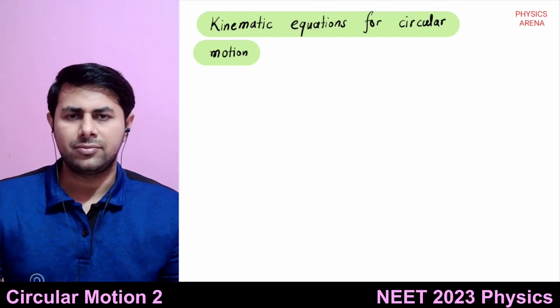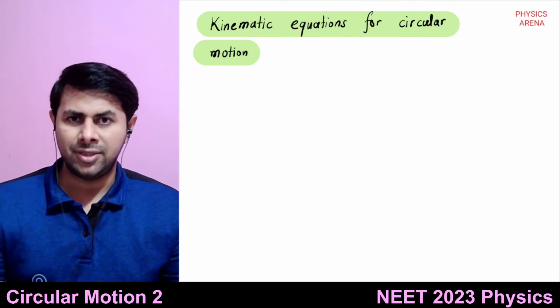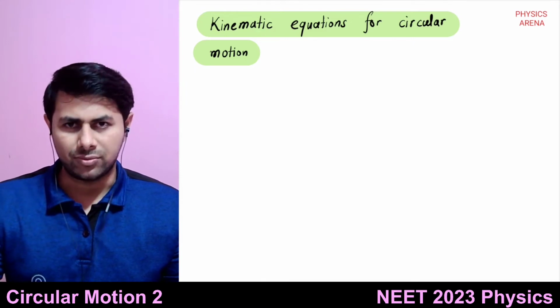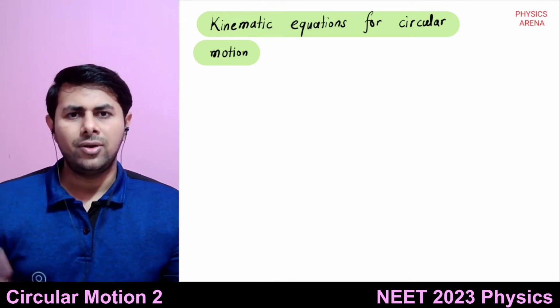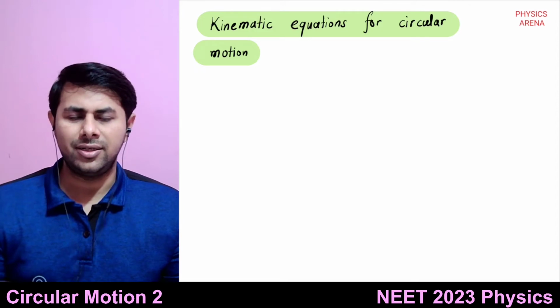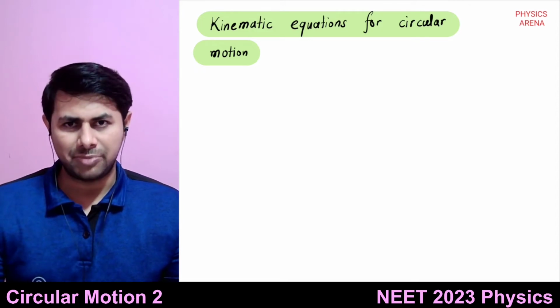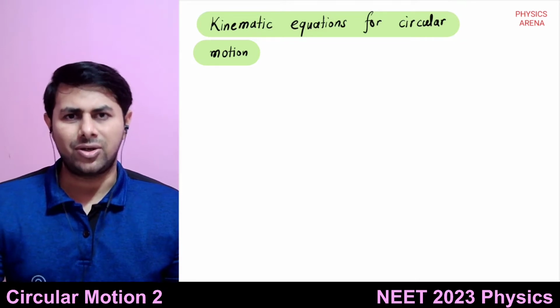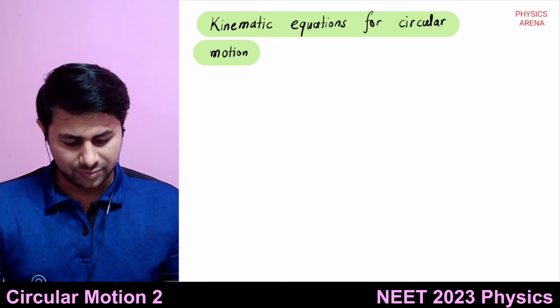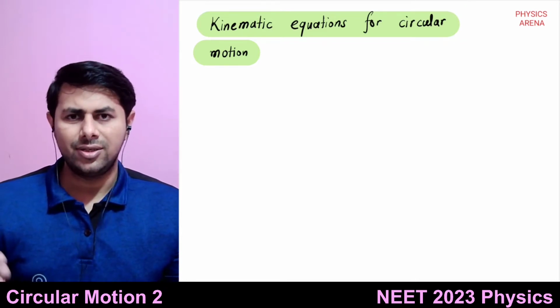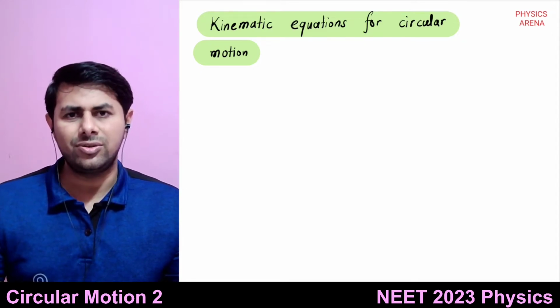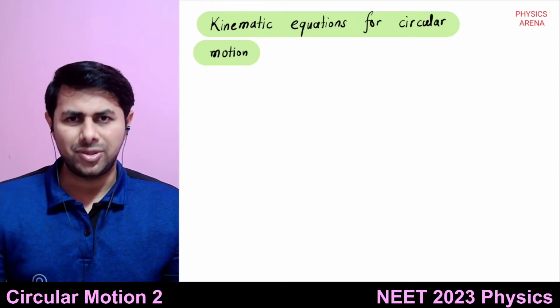Just like we have kinematic equations in linear motion, we can have kinematic equations for circular motion too. So all the quantities like linear acceleration, linear displacement, linear velocity will be changed to their angular counterparts. Okay, so linear acceleration will change to what? Angular acceleration. Linear velocity will change to angular velocity, so on and so forth.